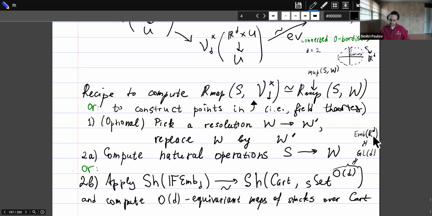Enriched monoid, so also considered with this topology. So these are all equivalent in this setting. And then we can compute maps of stacks over Cartesian spaces, which in practice may be even easier than maps here, but we also have to remember they must be OD equivariant.